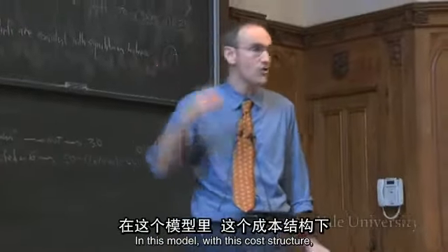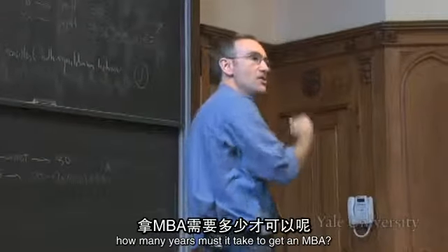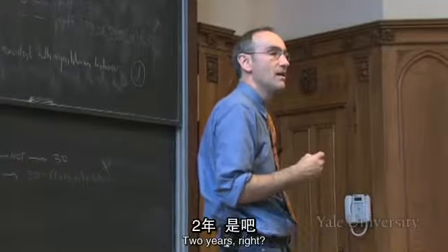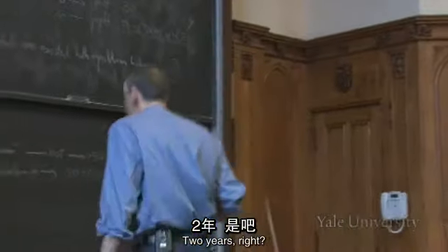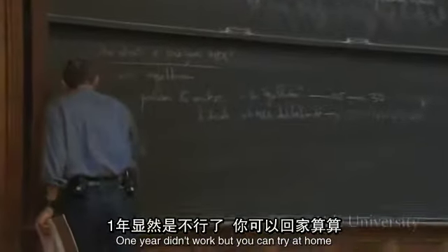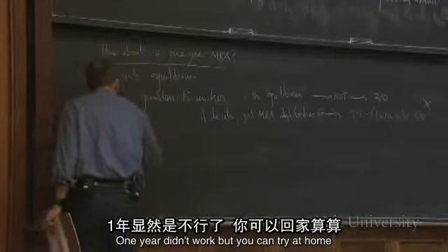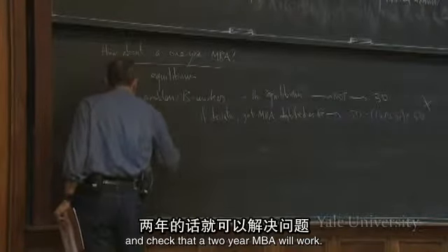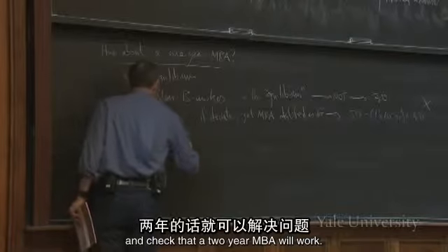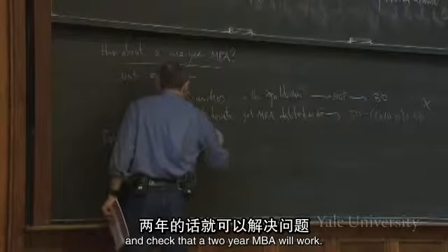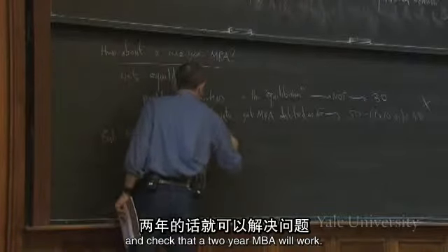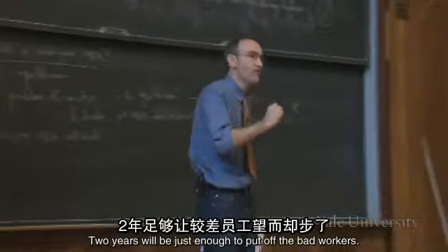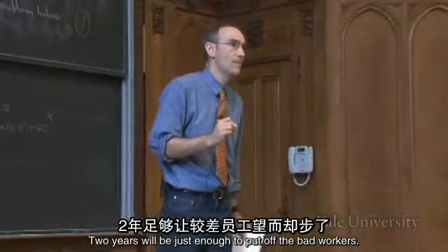In this model, with this cost structure, how many years must it take to get an MBA? 2 years, right? 1 year didn't work, but you can try at home and check that a two-year MBA will work. 2 years will be just enough to put off the bad workers.